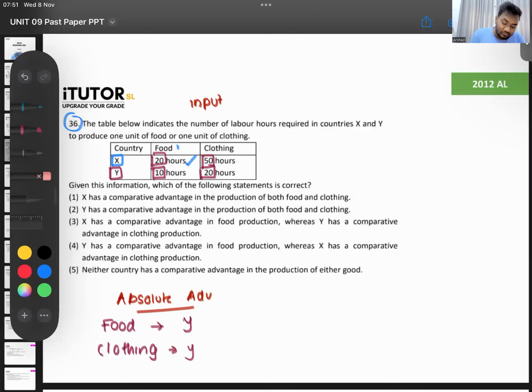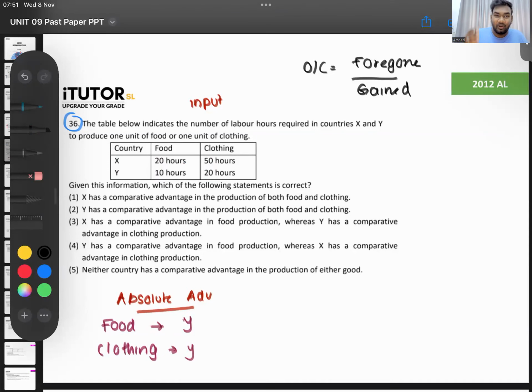Then, going into comparative advantage, the correct method of calculating: how do you find opportunity cost? Opportunity cost is your foregone number of units divided by your gained number of units. They have not told the output here.